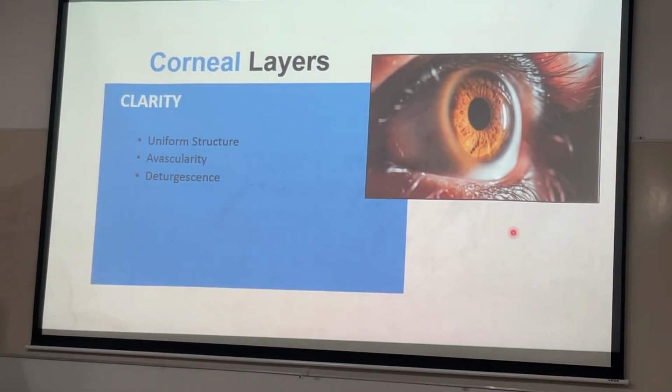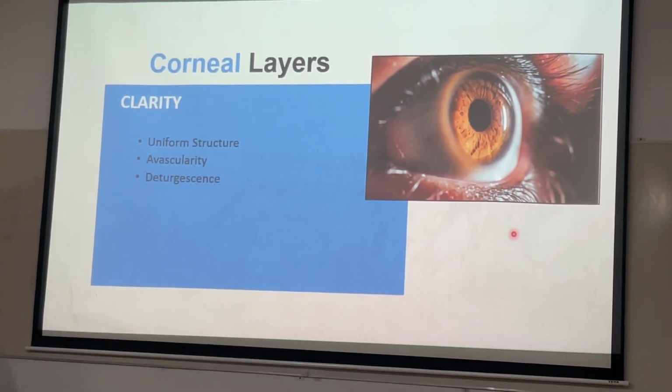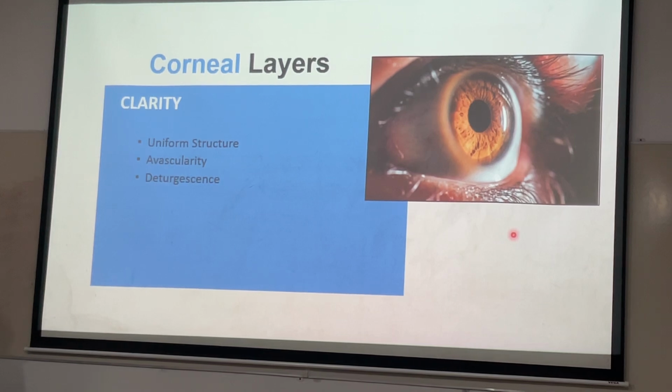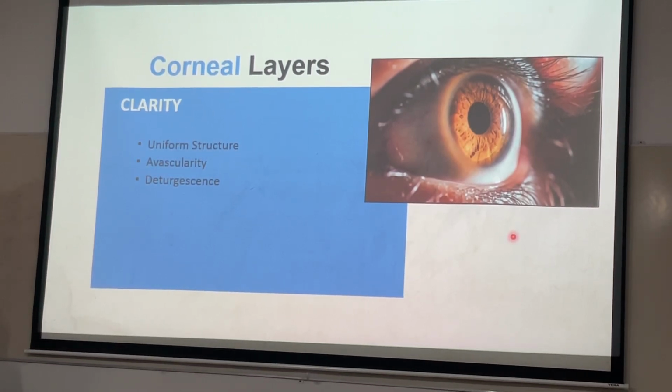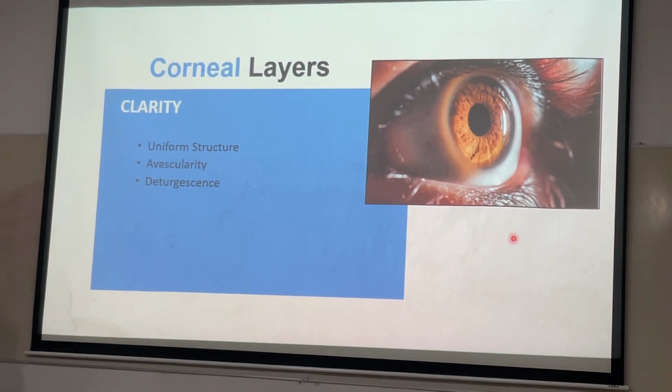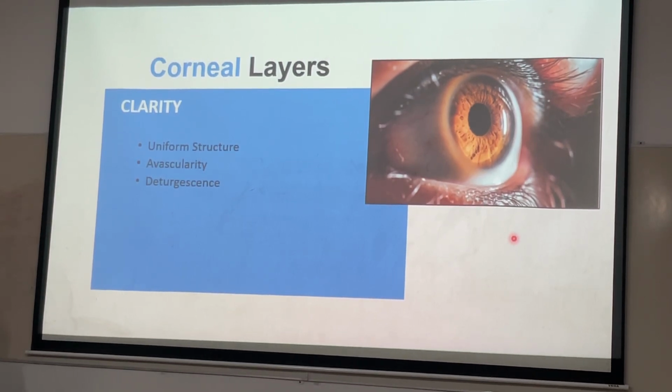When you have the right amount of water, good function of your endothelial cells, and a healthy stroma, then your cornea will be clear. Clarity is due to the uniform structure of your cornea, specifically the structures noted in your stroma. The cornea is also avascular, so there are no blood vessels seen in your cornea.